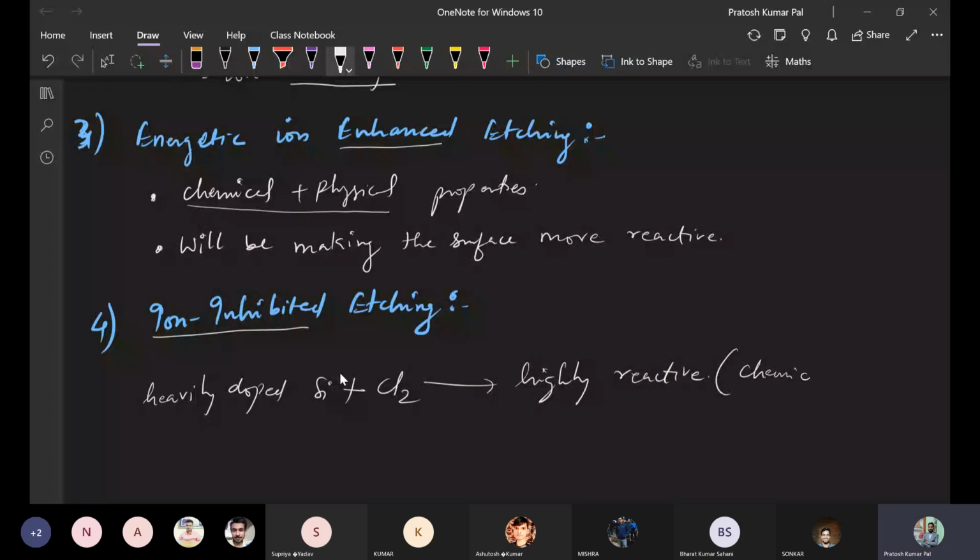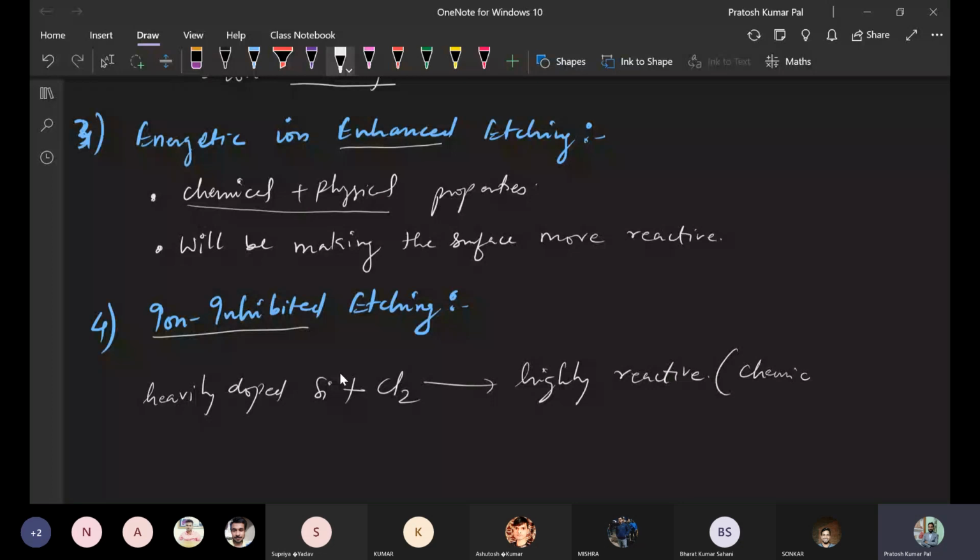Okay, so this will be used as an ion inhibitor. This ion inhibitor forms a film, or we can call it a layer, on the silicon surface and avoids the reaction of chlorine with the silicon. So it will be inhibiting this highly reactive nature and reducing the chemical reactions.